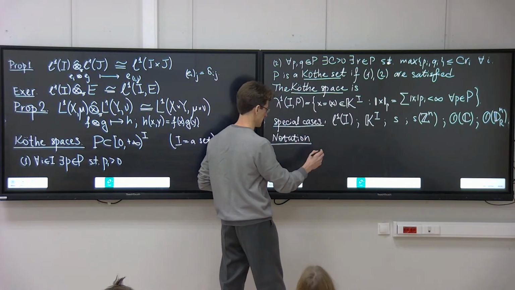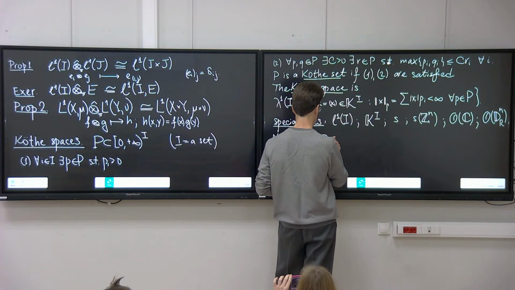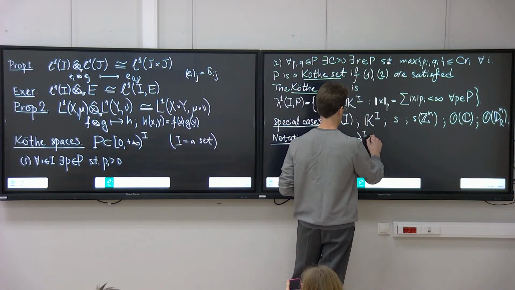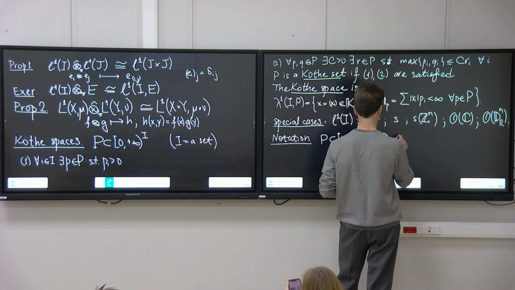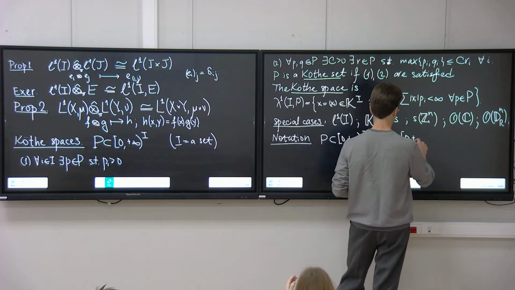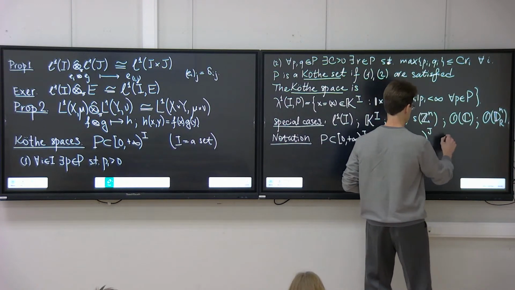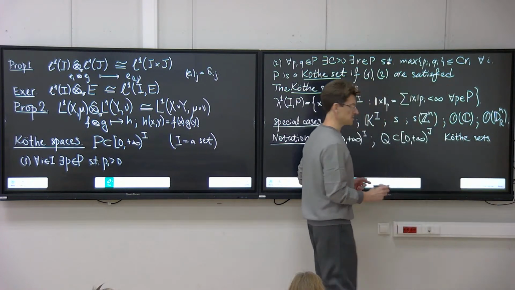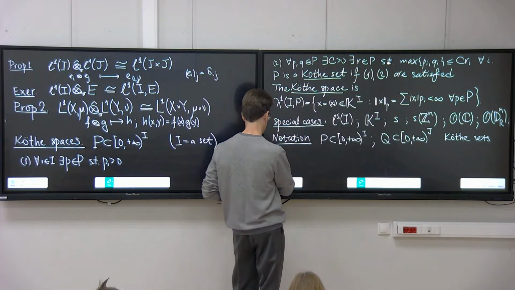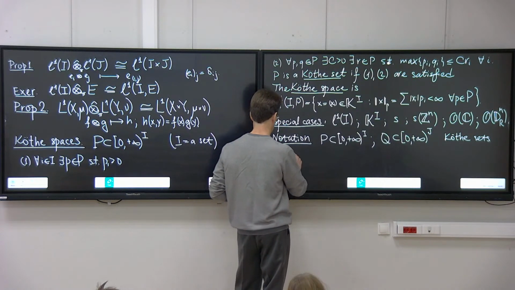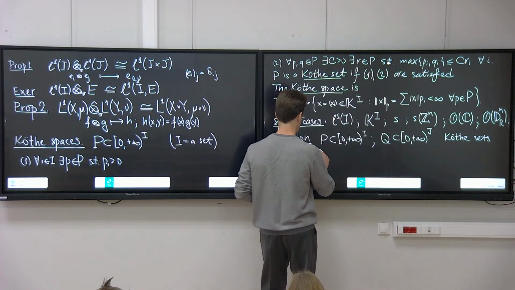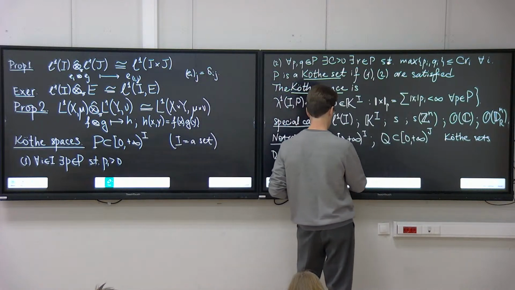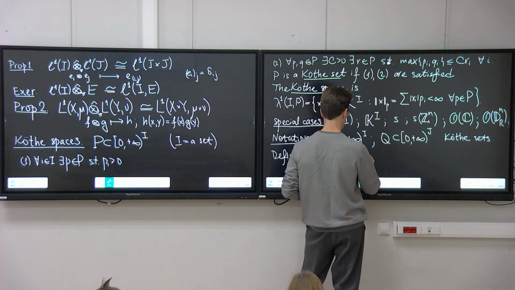Suppose we have two Curtis sets, P and Q. P is a Curtis set on an index set I, and Q is a Curtis set on another index set J. We construct a new Curtis set, which will be denoted P circle Q. This will be a Curtis set on the product of I and J.